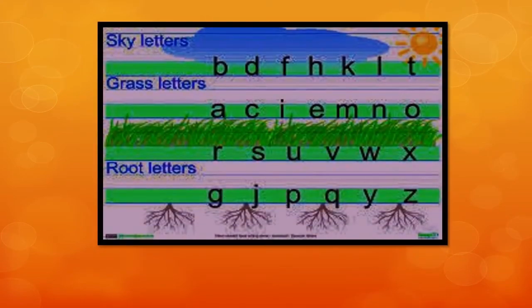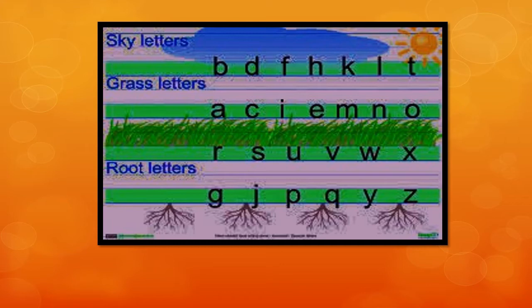So come on that topic, look at this slide, sky letter, grass letter, root letters. Okay, you can see on this sky letter will come upper 3 line and 7 letters are sky letters. Grass letters will come in middle 2 lines.